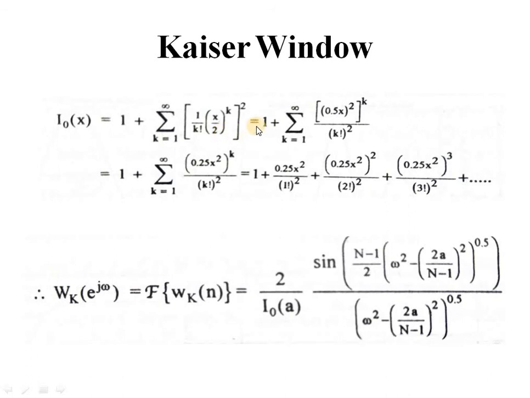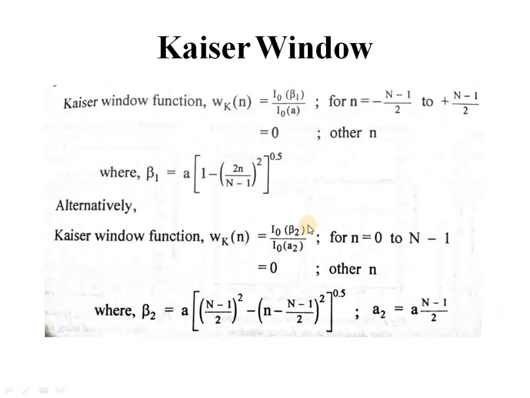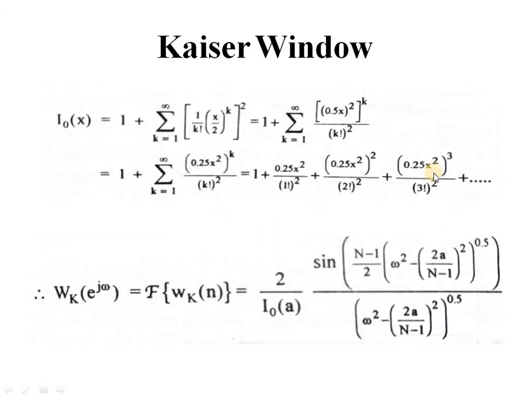Whenever we would like to compute I naught of beta 1, I naught of a, I naught of beta 2 or I naught of a2, we can use this series. It can be computed for any desired accuracy, and usually 20 to 25 terms of the series are sufficient for most practical purposes.